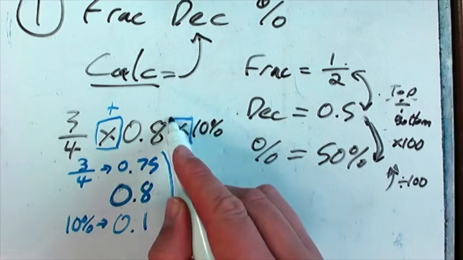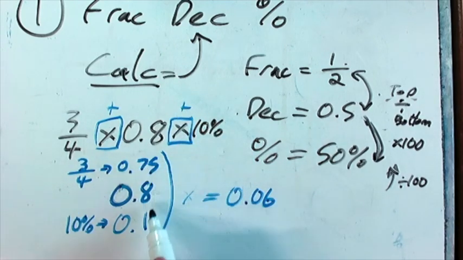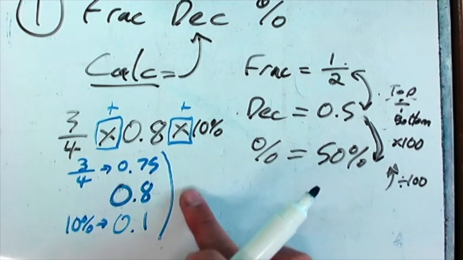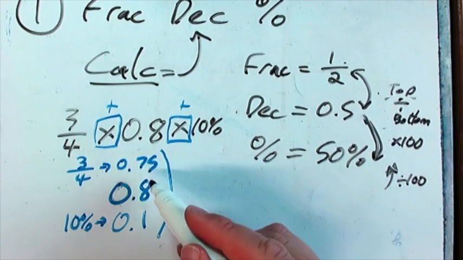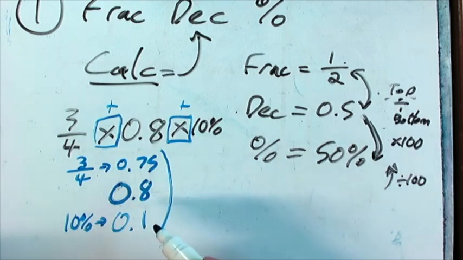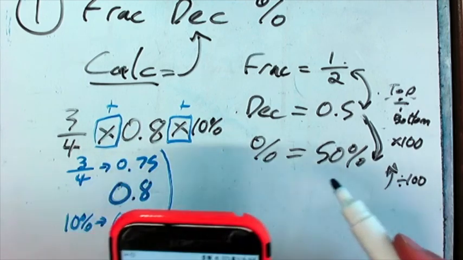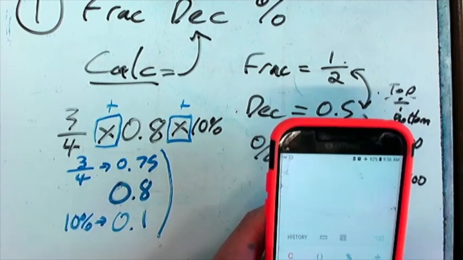You can do this similarly, as I will show you when these turn into plus signs. You would just convert it all to decimal, and let's say we wanted to add all these together. So how would I do that? Well, 0.75 plus 0.8 plus 0.1 gets us a different number. Again, that other answer when those are multiplied is 0.06.